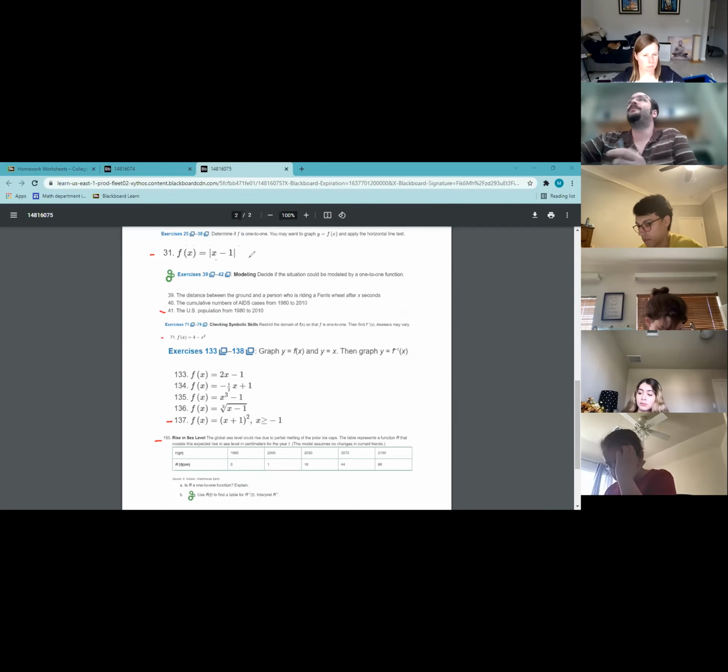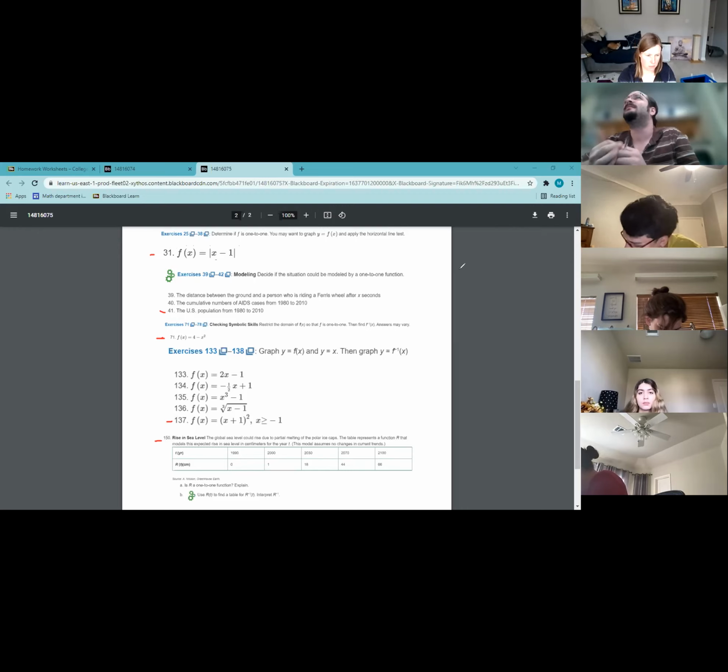So this one, if you know what the graph looks like, that would probably really help. Decide if this is a 1-to-1 function. For absolute value for 41, they say the US population from 1980 to 2010. So they're trying to give us some word problems to maybe throw in there and think about what a 1-to-1 function means. Checking symbolic skills.